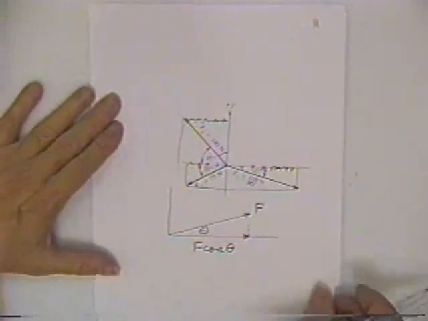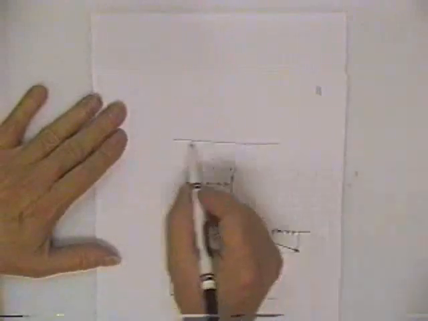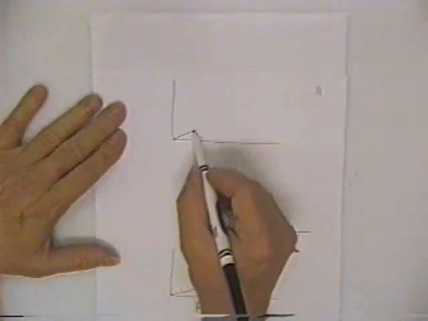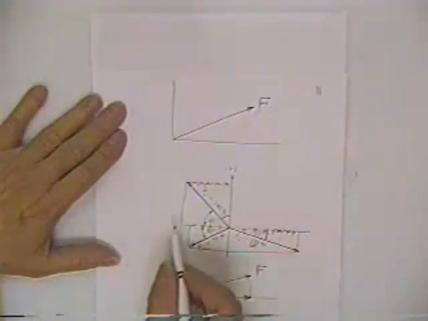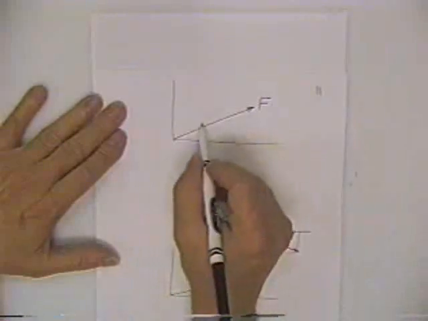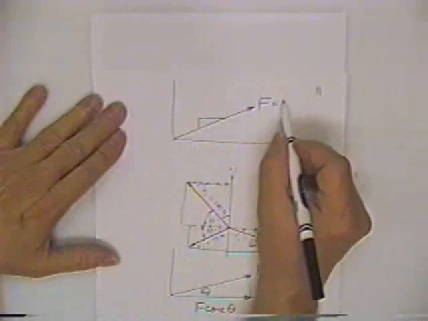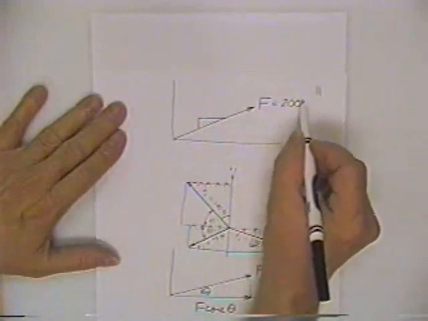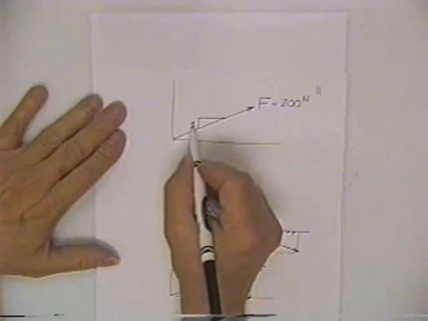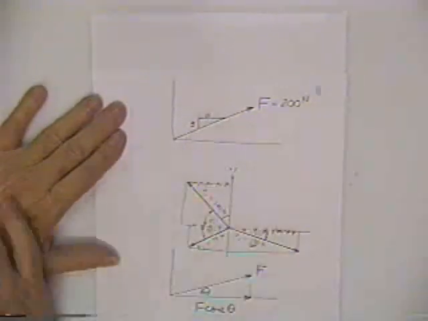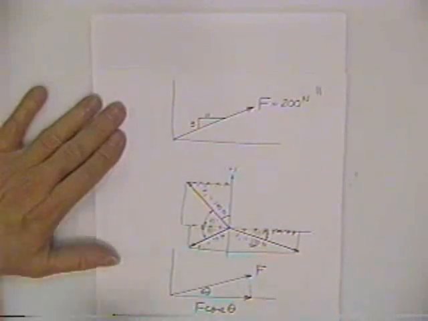Anytime you want the components of a force that is given in terms of slope, instead of in terms of angle of degrees, for example, you might have a force that is 200 newtons. Say this is a 5, this is an 11. In other words, the slope of that angle is rise of 5 and run is 11.